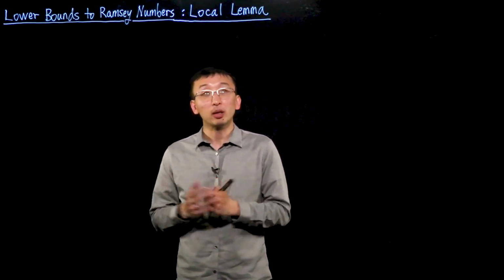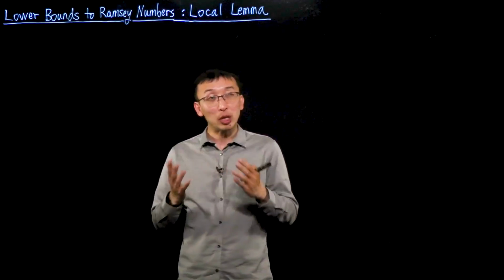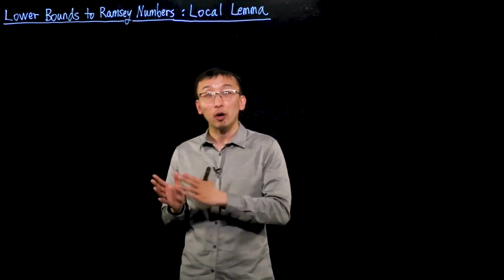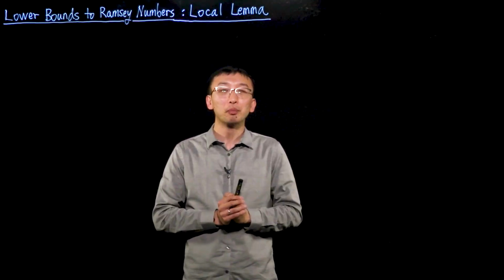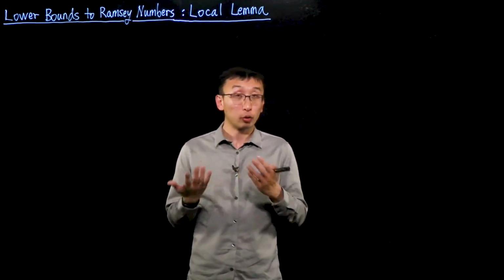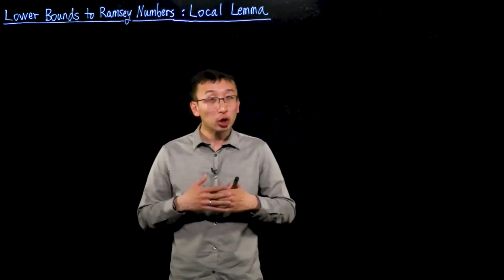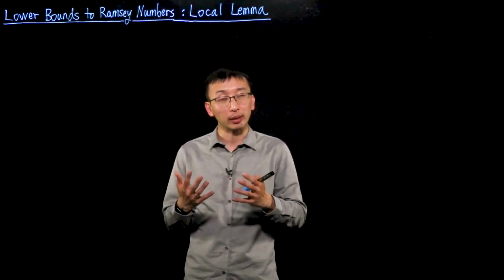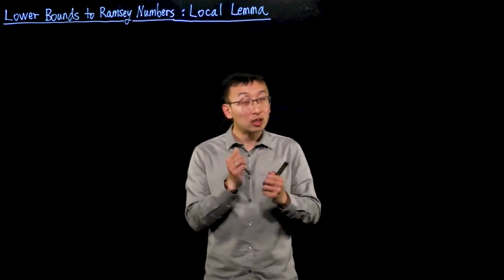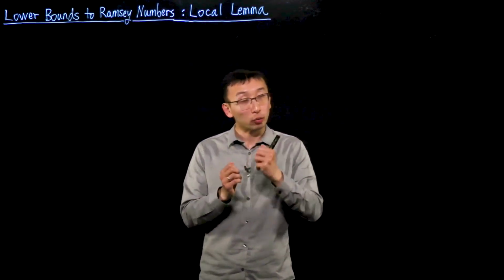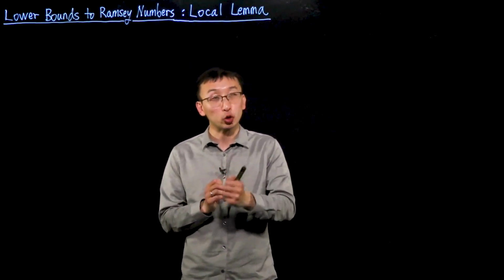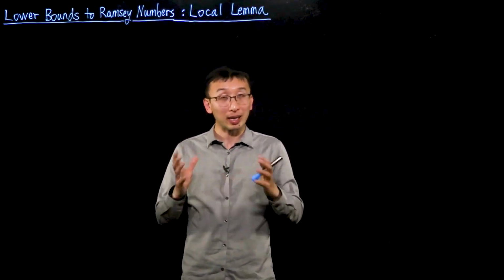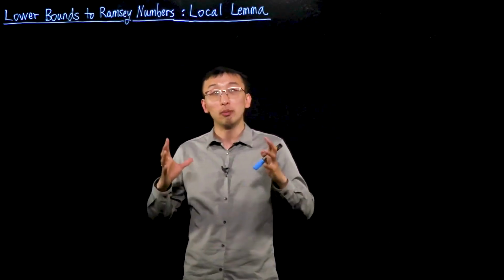The first method was by taking the union bound to show that the sum of all the probabilities of bad events is fairly small. And the second method is through alteration, where we start by constructing some random coloring and then fix the blemishes. Right? So we show that by removing the bad parts, removing the vertices that contribute to monochromatic cliques, we can get a coloring with no monochromatic cliques.